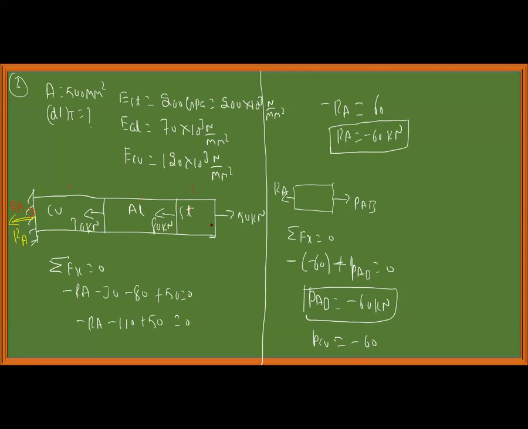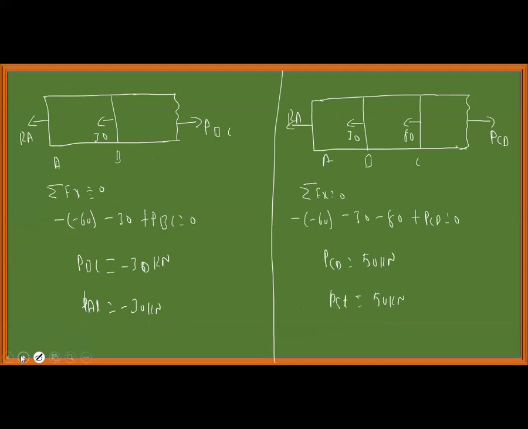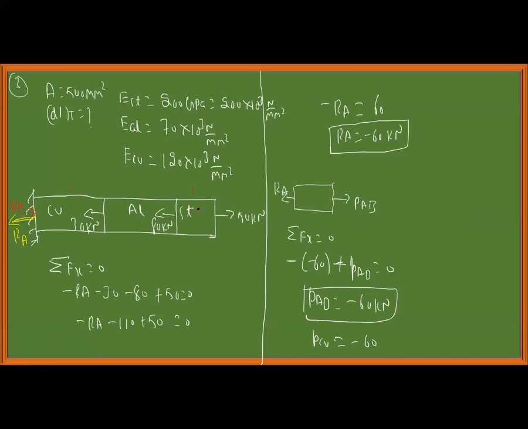So therefore, this is 50. Then P of steel will be obviously 50 kilonewton. P of steel is equal to 50 kilonewton. P of steel: minus P_st plus 50 is equal to 0, or P_st is equal to 50 kilonewton.